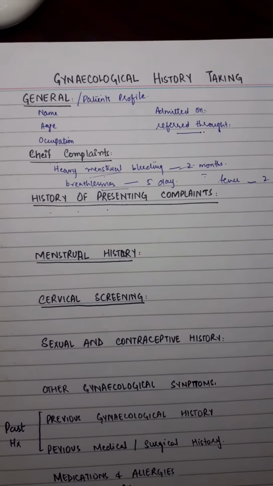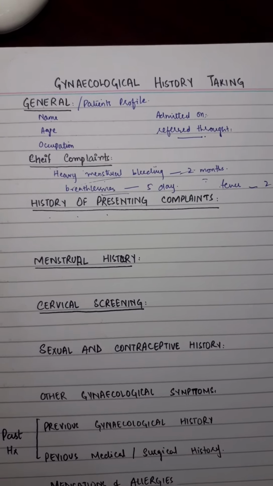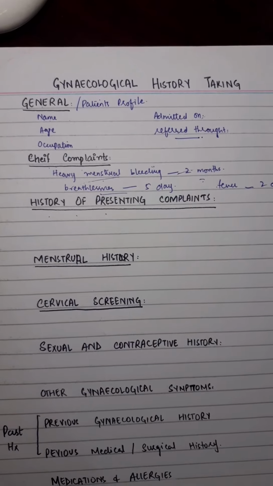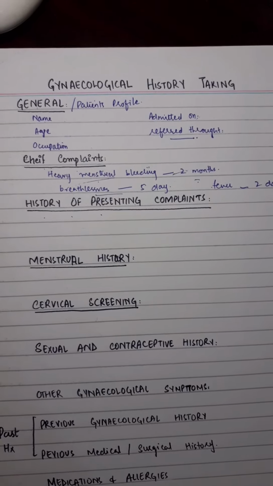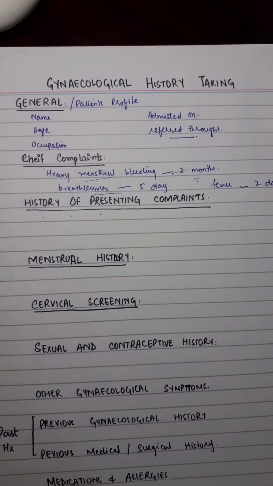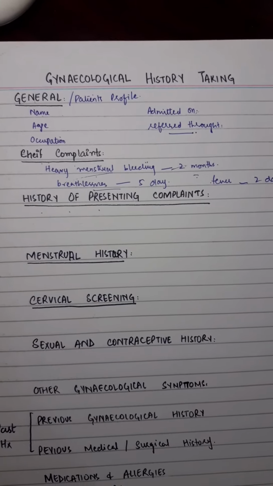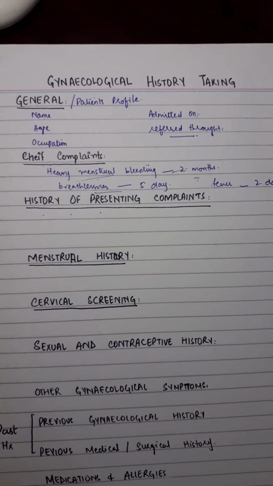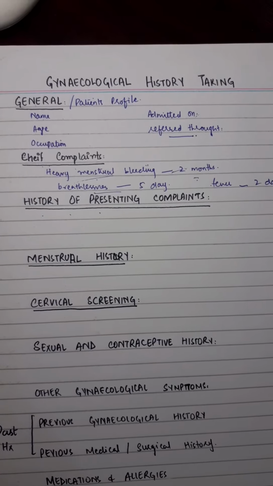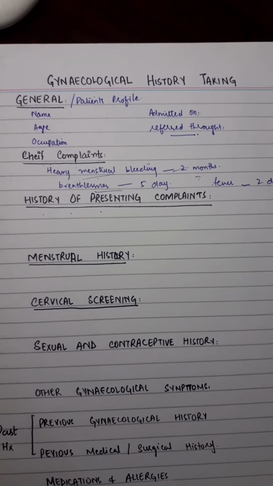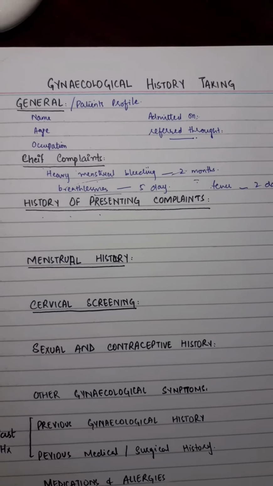How often do you change the pads, and how many times do you change it in a day? Have you had to take any time off work due to bleeding? Do you ever find you are confined to your house when the bleeding is at its worst? Do you feel lazy, dizzy, shortness of breath, particularly after a period, or find it hard to climb stairs? And does it constrain your lifestyle?